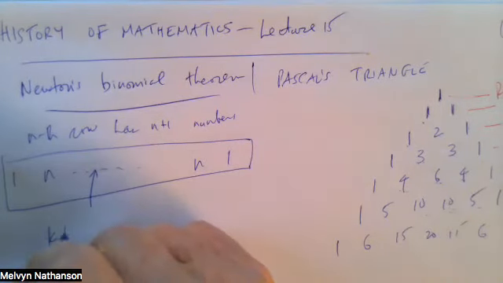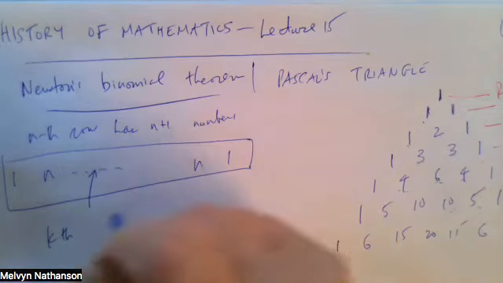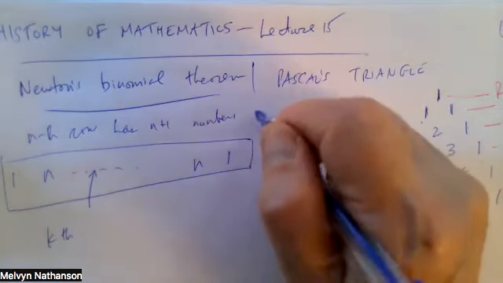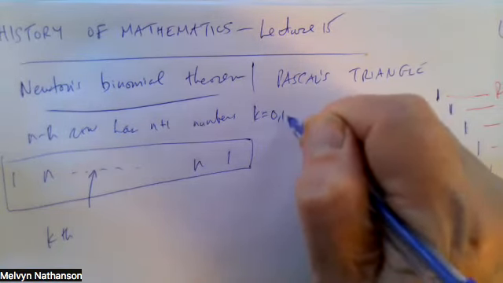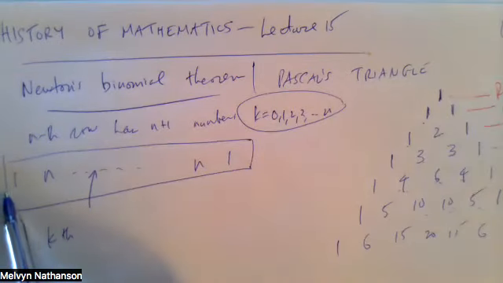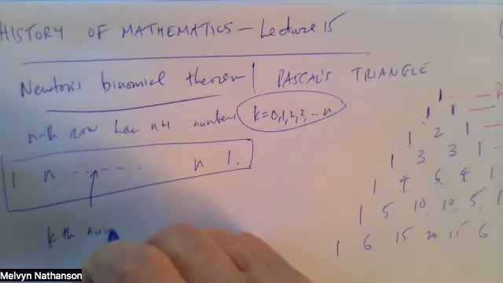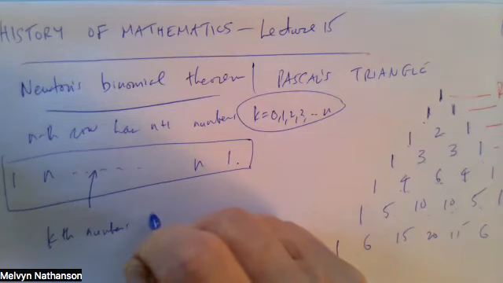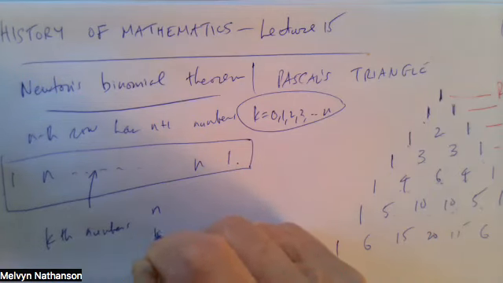And the kth number in this row, so n plus 1 numbers, is enumerated k equals 0, 1, 2, 3, up to n. Right? So this is the 0th number, and this is the nth number. And the kth number is usually written n over k.